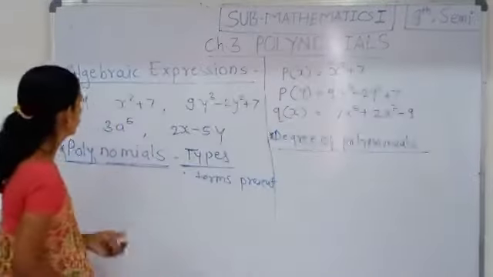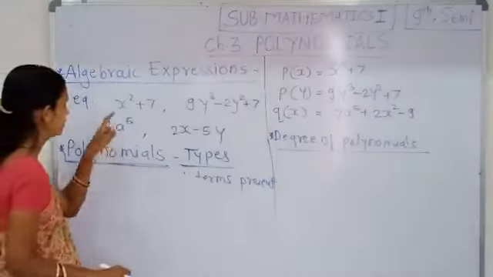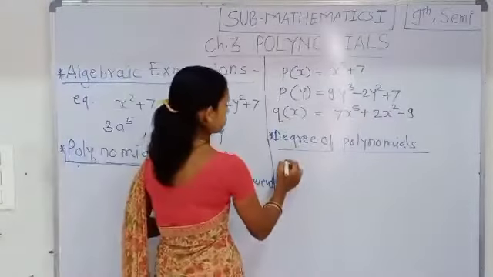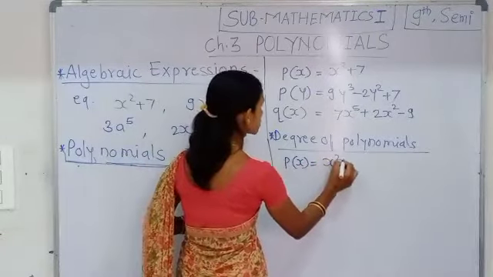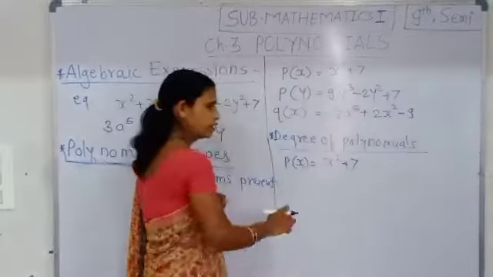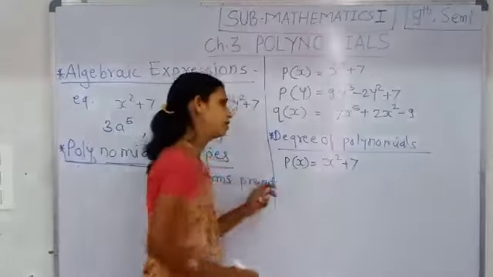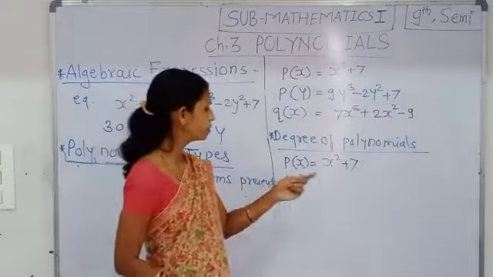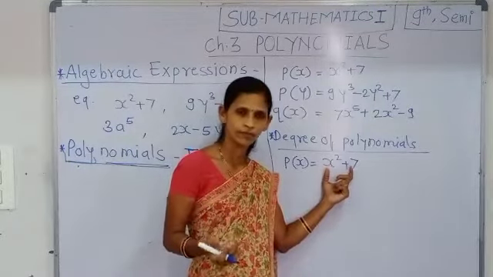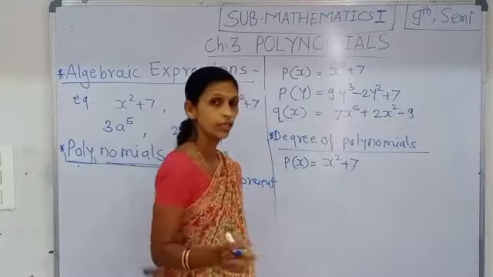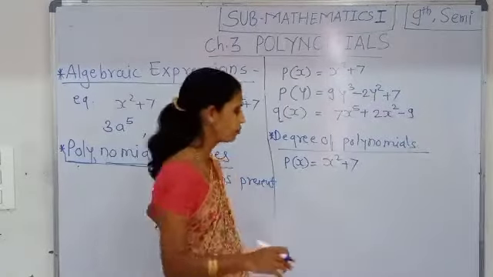Then see here, a few examples are there. Say p(x), a polynomial in the variable x, is given here: x square plus 7. First of all, we have to write those polynomials in their standard form, or index form.